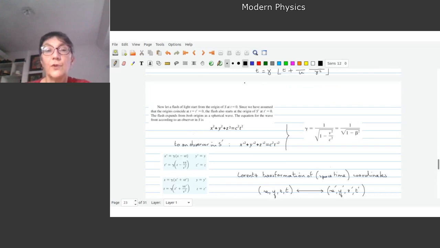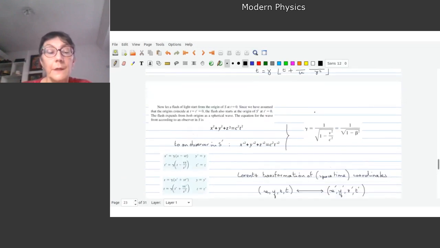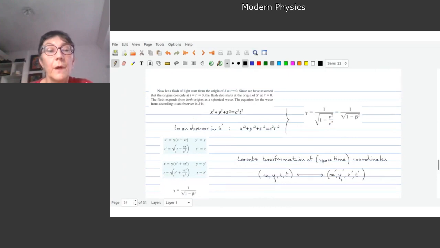if you have one equation here, and here you have another one, which is: let a flash of light start from the origin of S at t equals 0. This is a very strange experiment because since we have assumed that the origin coincides at t equals t prime equals 0, the flash also starts at the origin.